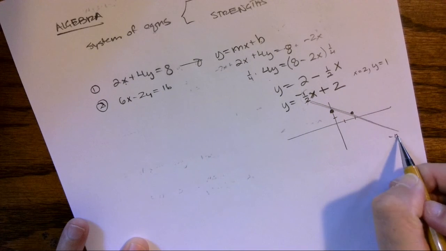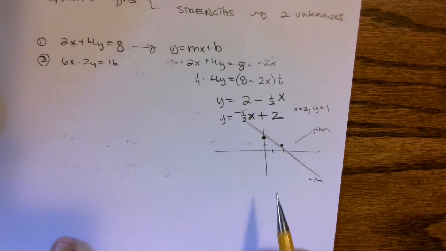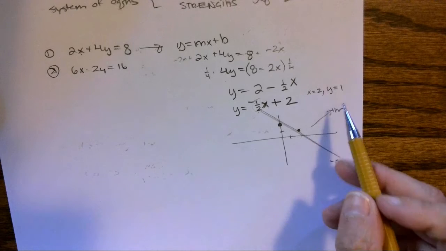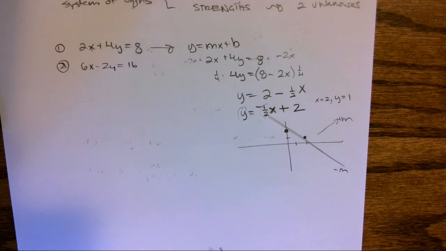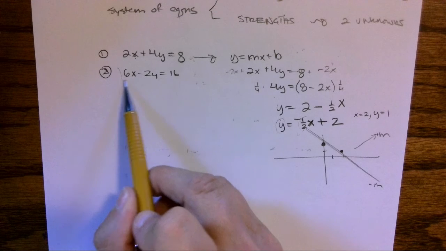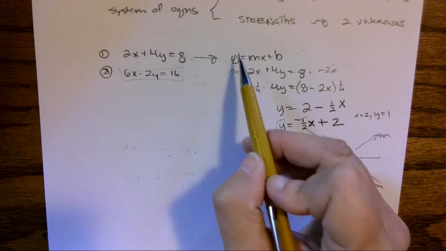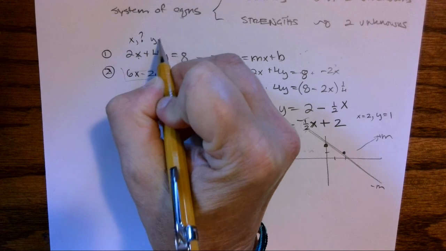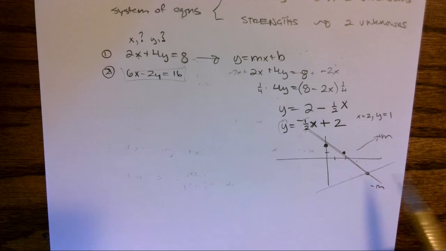Negative m, this would be a positive m, okay? If I wanted to find where I crossed the x-axis, I can set y equal to 0 and backsolve for x. If I did the same thing with the other equation, we would end up with a line, and the solution to our equations, that x and that y, would be where our 2 lines crossed, okay? That's what we're trying to find: where do these 2 lines cross?